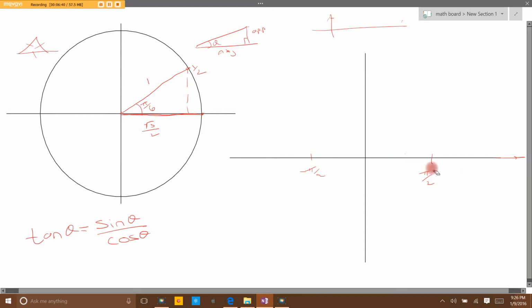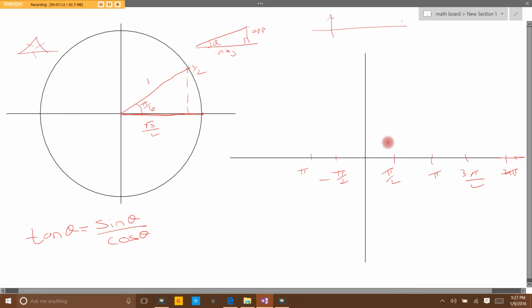Sorry, I want to fit pi in there. So let's try to put these on the graph a little bit more: pi over 2, pi, 3 pi over 2, and 2 pi. Let's see if I can do this quickly.